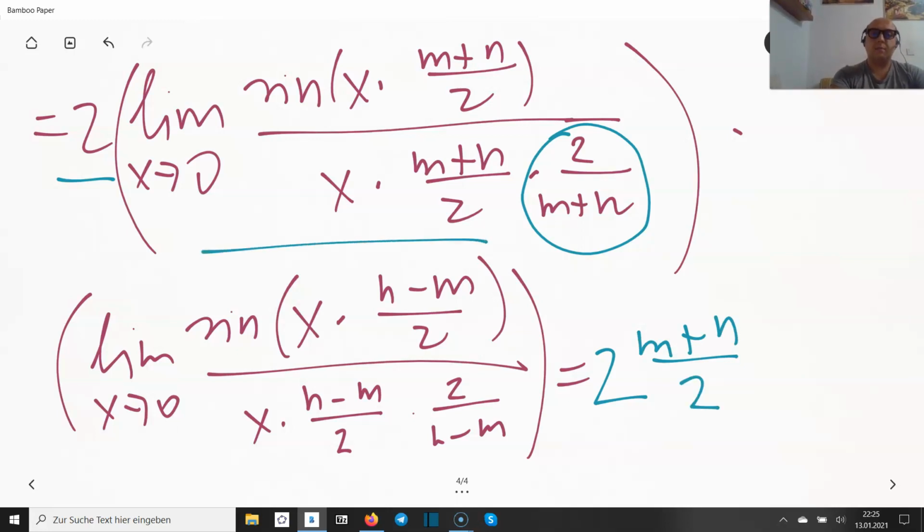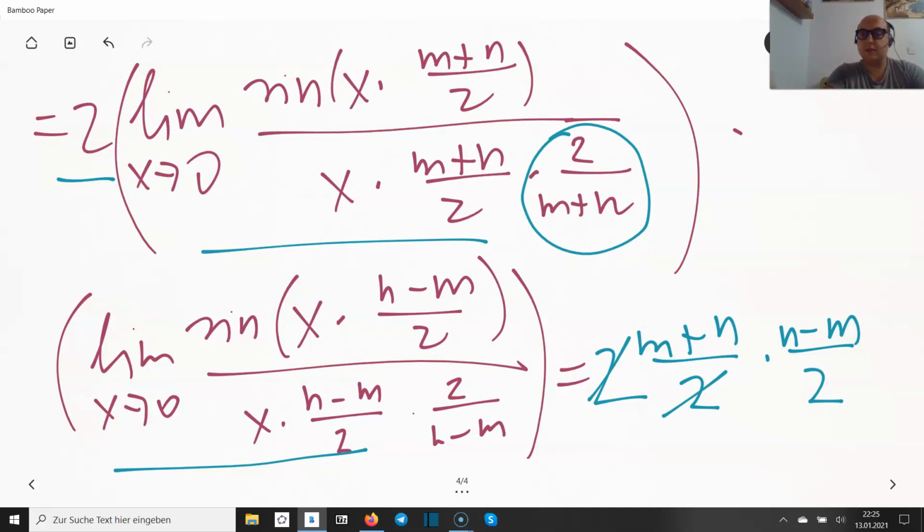The limit is giving me 1. Now what's happening here, I'm having n minus m divided by 2, and this is one more limit which is giving me 1. So I can cancel something, as you can see here. I'm doing that. And I'm having m plus n and n minus m. I would like to have m minus n instead.